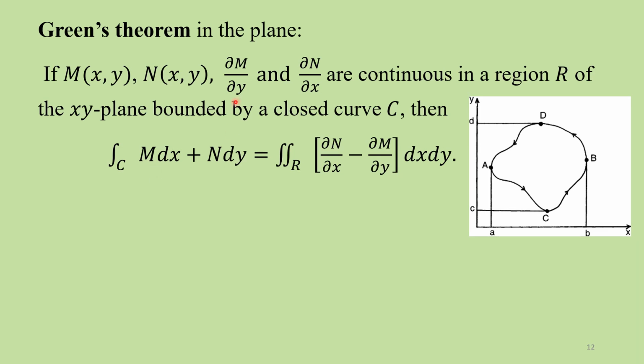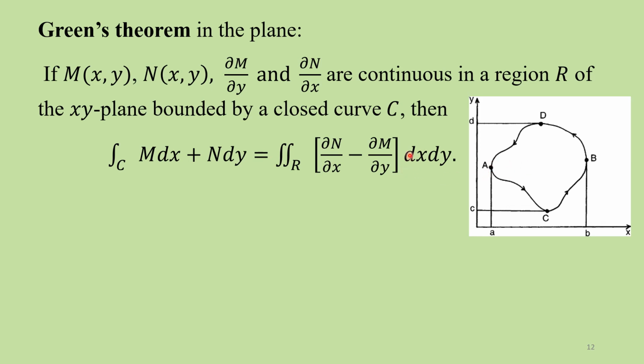Dou M by dou y and dou N by dou x, somewhere it is familiar. When we took the exact differential equation, you know that the condition for exactness is dou M by dou y must be equal to dou N by dou x. So it is the difference between these two partial derivatives that we integrate over the region R, identifying the limits corresponding to x and y.